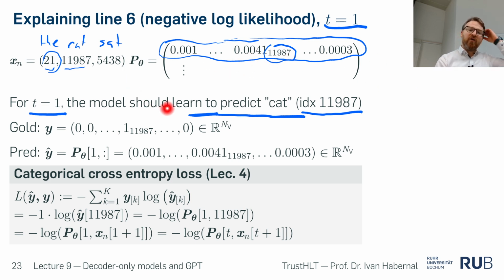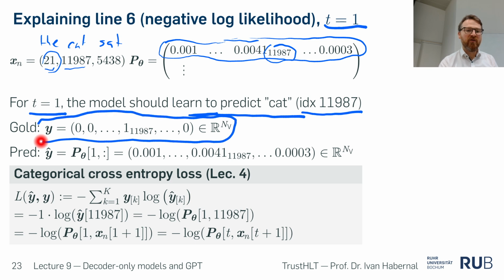Okay, what is the gold label now? A cross-entropy loss takes the gold standard data, which is the one-hot encoding of the target word. What? The word we want to predict, at which position? The second position.